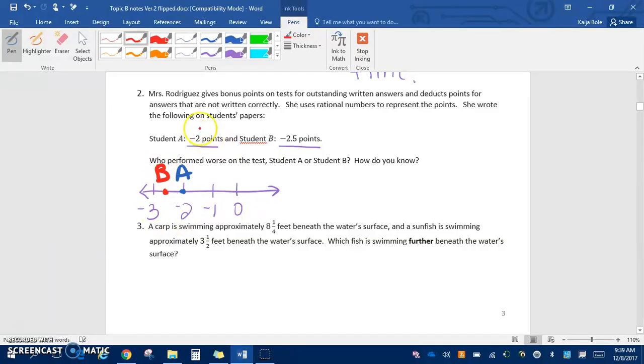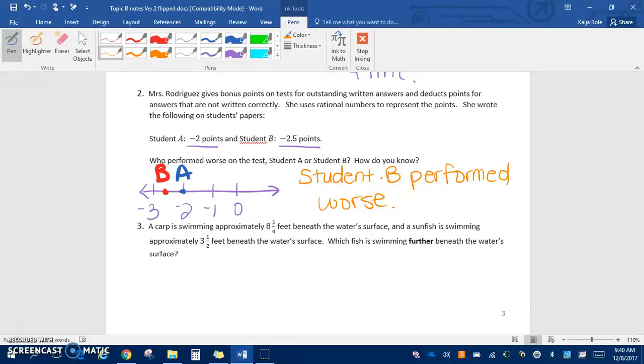This would be -2.5. So the question asks us who performed worse. So who got the lower score? We can say that student B performed worse. Alright, you can see that because they had more points taken off their test.